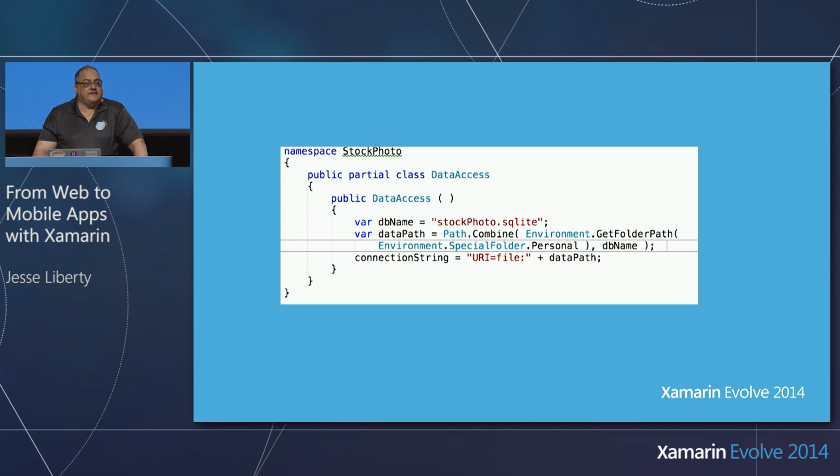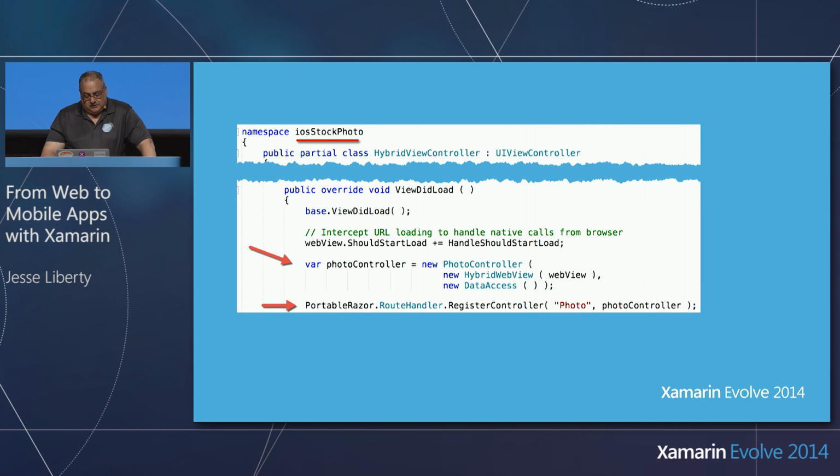The additional work that you have to do is to create a class that inherits from UI view controller and instantiate your controller and register it. So that's a little bit of extra that is required to tie this all together.